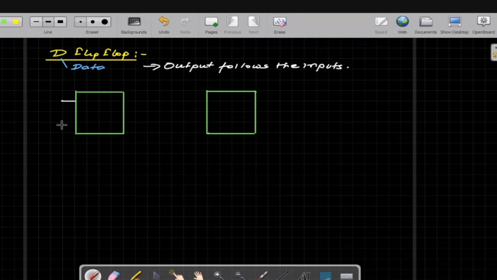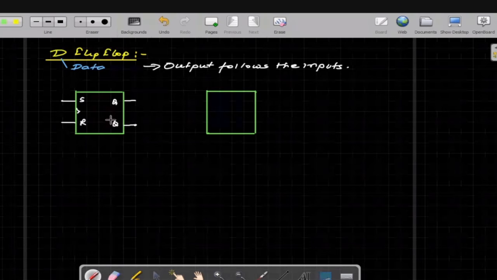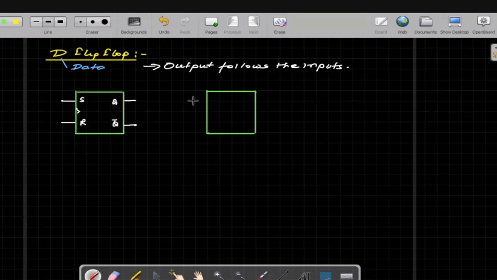Let me first draw the inputs and outputs of the SR flip-flop. This is my S terminal, this is my R terminal, and this is my clock terminal, and this is Q and this is Q bar. If I'm constructing it using the JK flip-flop, then we have two terminals, J and K, the clock input terminal, and Q and Q bar, the uncomplemented and complemented outputs.